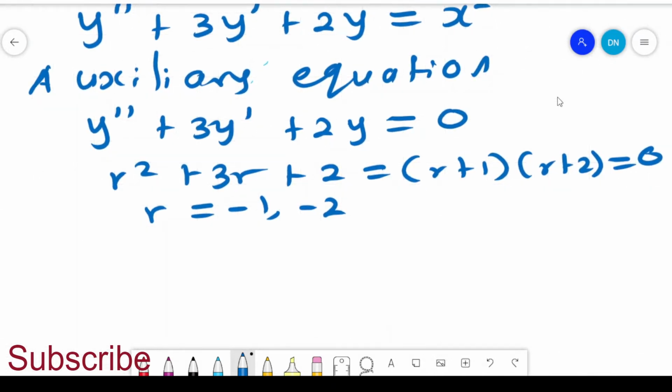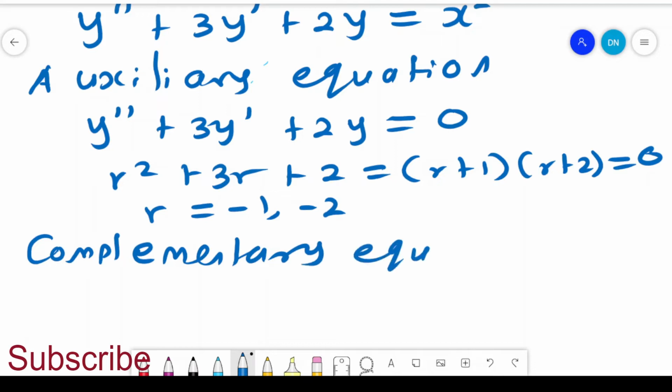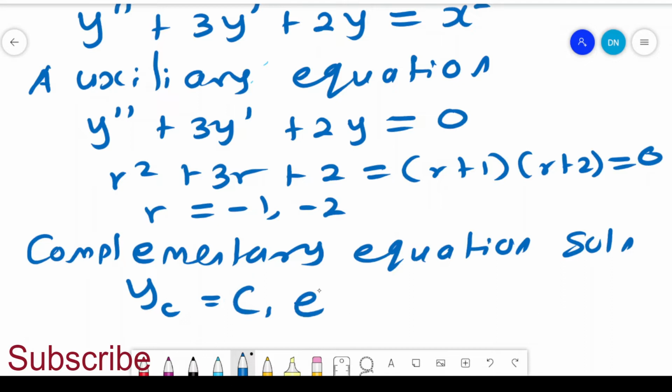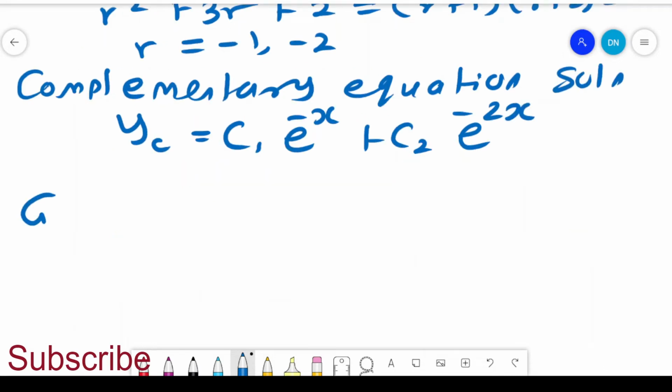Based on the auxiliary part, what we have is the complementary equation, or the solution to the complementary equation. I'll call it yc, c1 e raised to power minus x plus c2 e raised to power minus 2x. And we can call this our g(x), which is x squared.